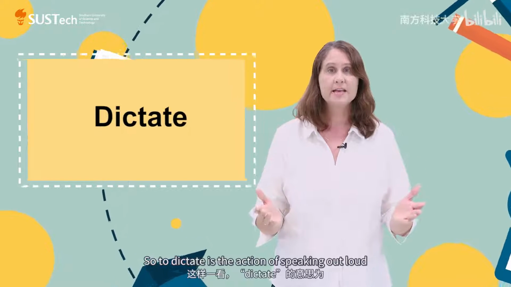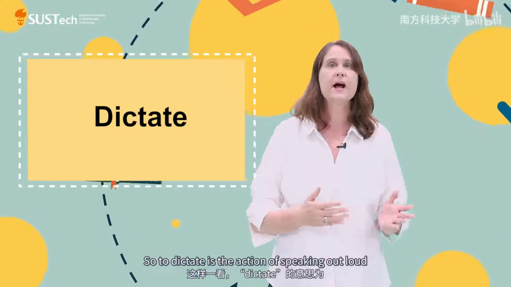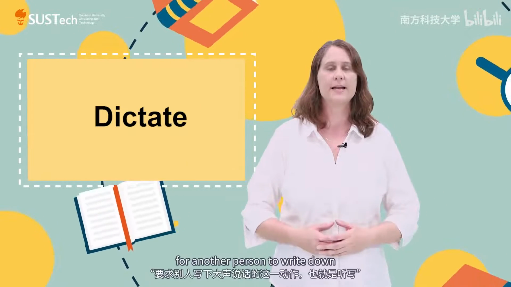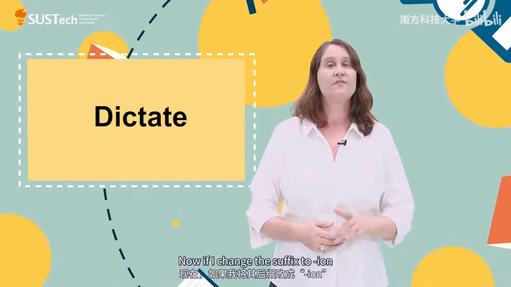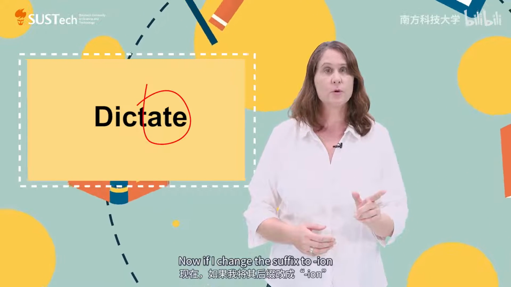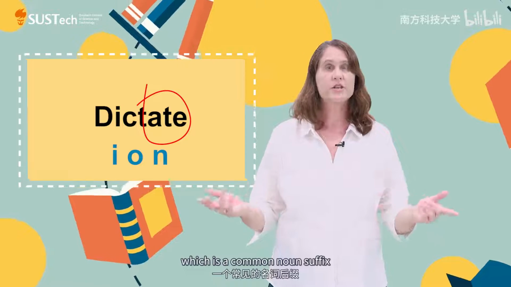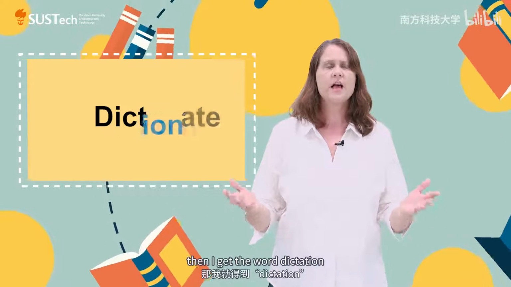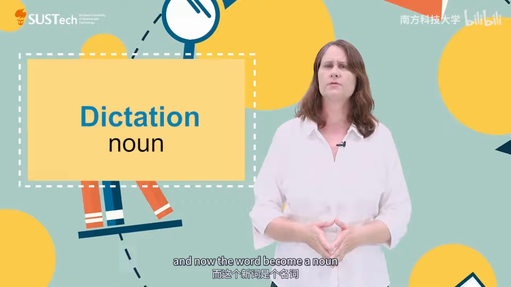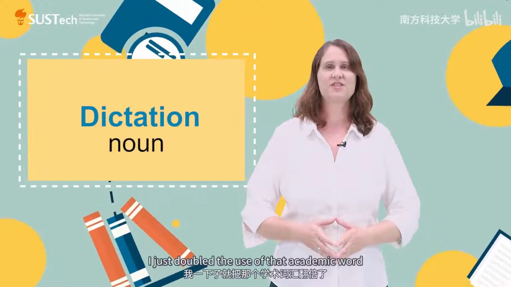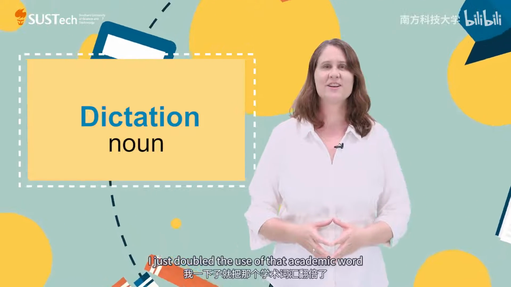So dictate is the action of speaking out loud for another person to write down. It's a verb. Now, if I change the suffix to ion, which is a common noun suffix, then I get the word dictation, and now the word becomes a noun. See, I just doubled the use of that academic word.